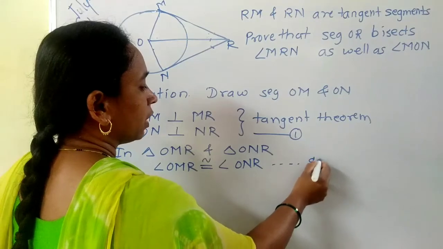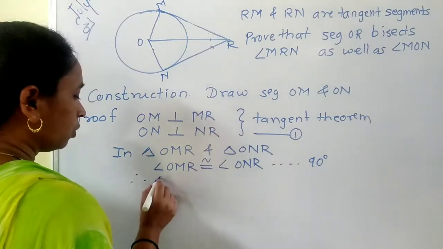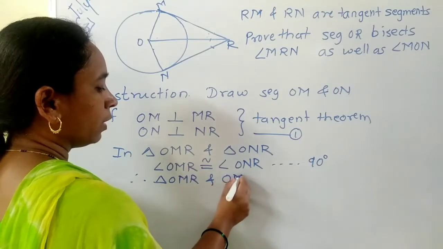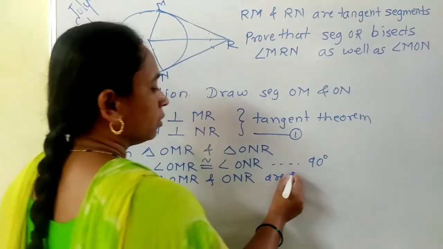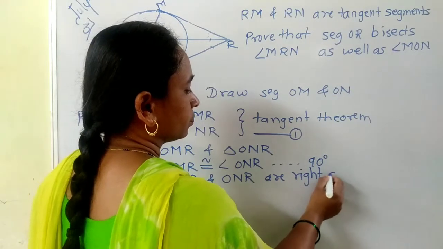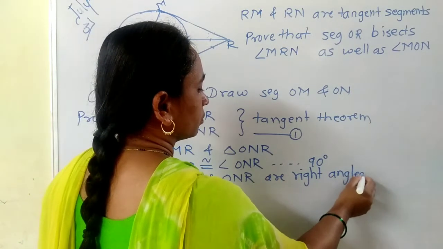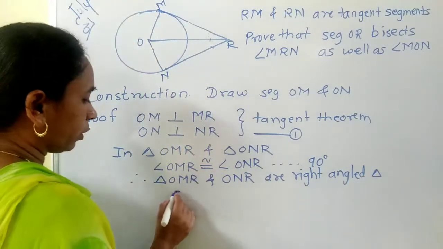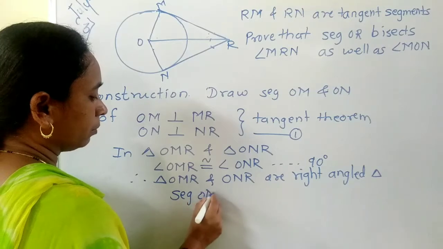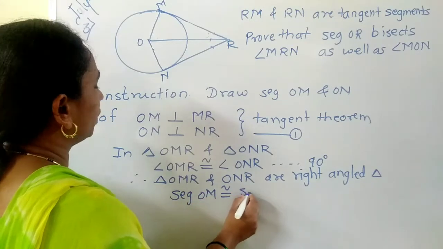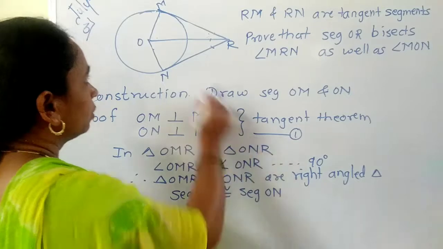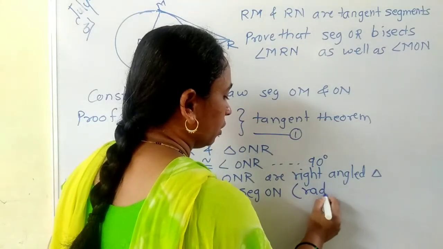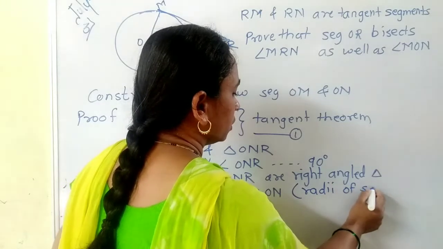It is 90 degree, and therefore OMR and ONR are right angle triangles. Now we'll see the segment OM. Segment OM is congruent with segment ON. These are the radii of a semicircle. So the reason for this: radii of semicircle.